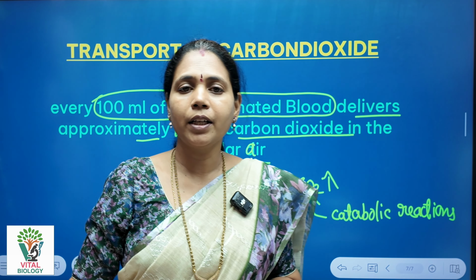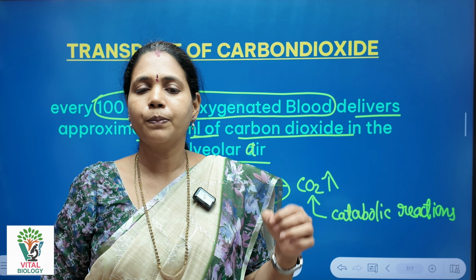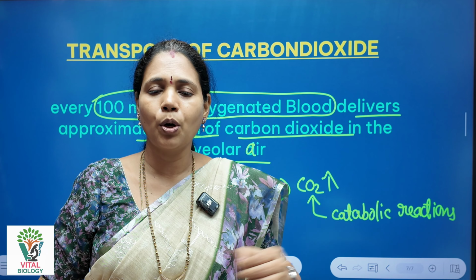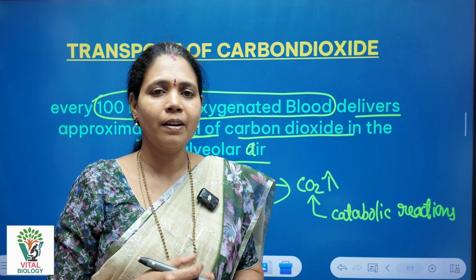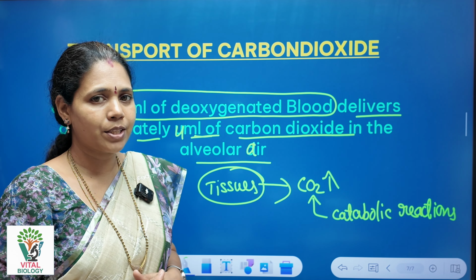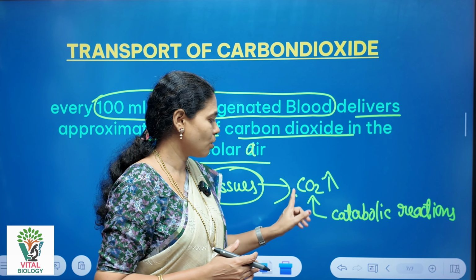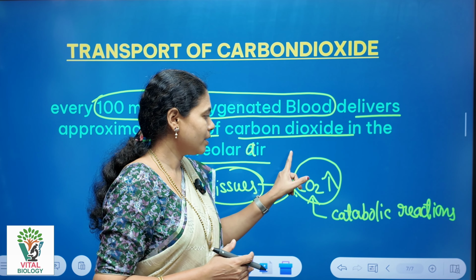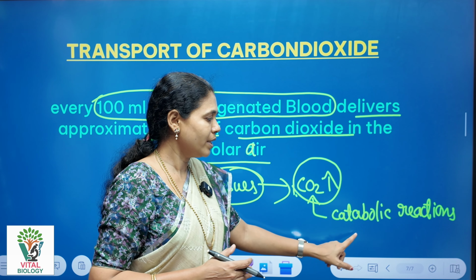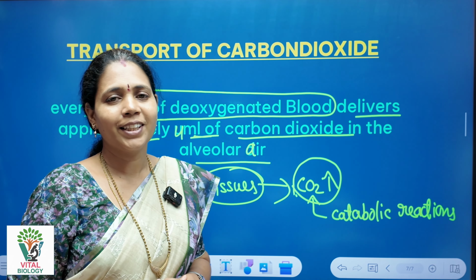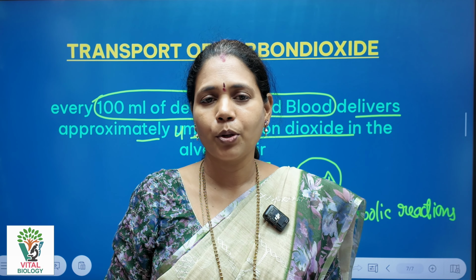Catabolism means breakdown of food material. As we discussed, the breakdown of glucose or a food molecule results in release of carbon dioxide as a respiratory waste. That's why carbon dioxide concentrations are more near the tissues, because it is released as a result of catabolic reactions. Okay, so this is one more important point.